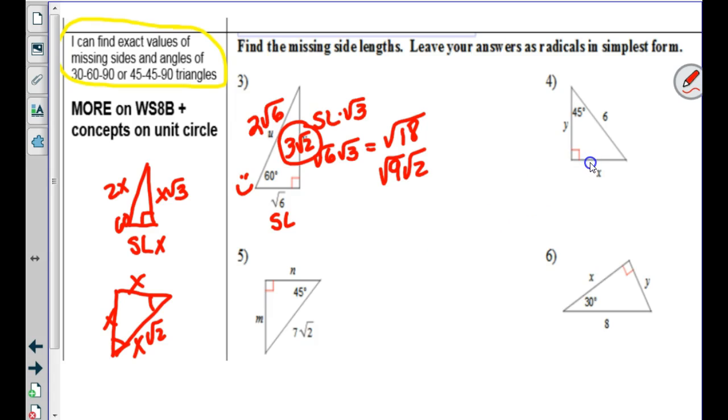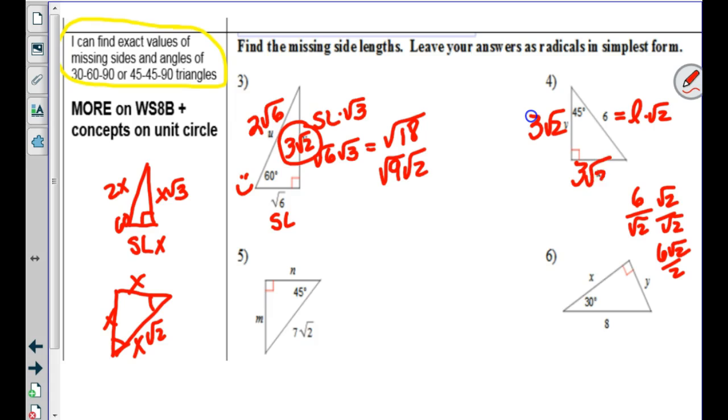And number 4, this is supposed to be the leg times the square root of 2. So you have to divide off square root of 2. 6 over square root of 2 is what? 6 square roots of 2 over 2, or 3 square roots of 2 on both of those, okay?